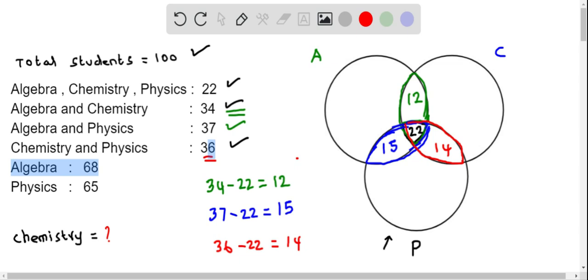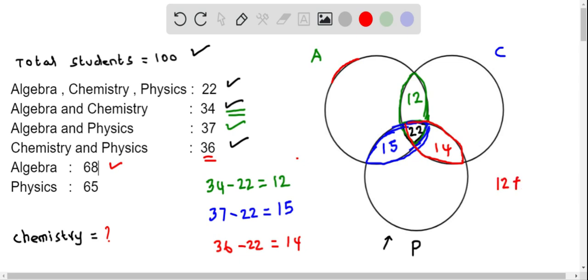Now let's consider the other information. The number of students who have taken algebra is 68. So in the Venn diagram, it is represented by the complete circle. That is a complete circle for algebra. So here we have to account for 68. But since we already have accounted for this 12 plus 22 plus 15, we'll first add these numbers.